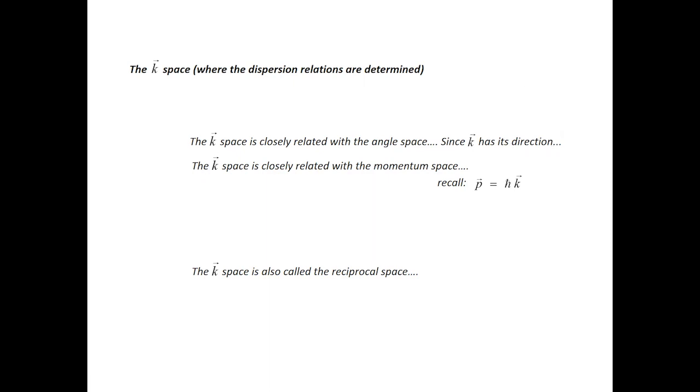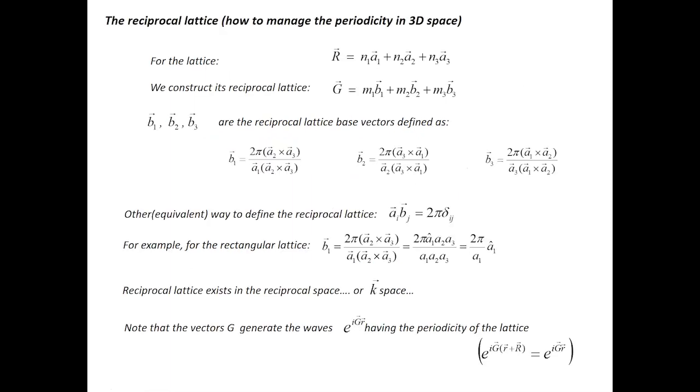And k is closely related to the momentum space. Everybody knows that momentum is just the Planck constant times the wave vector. This k space is also called, this is a new definition, the reciprocal space. And then we have to manage somehow a periodicity in 3D space.